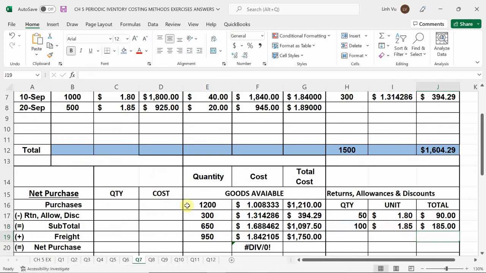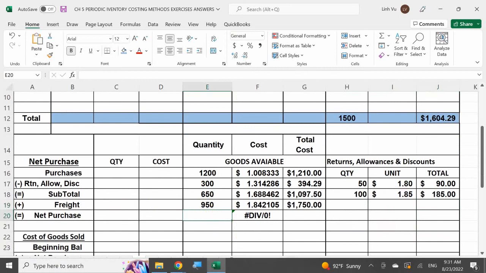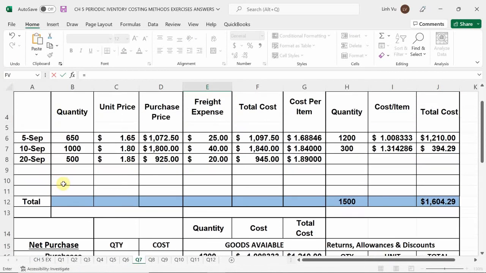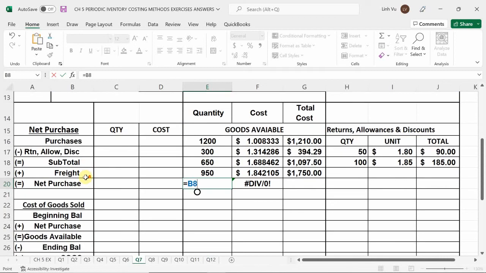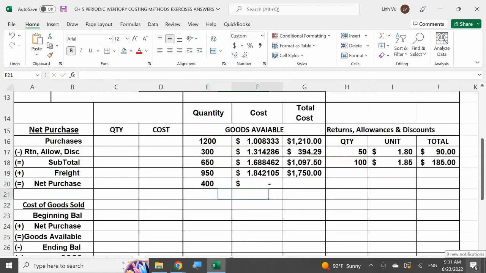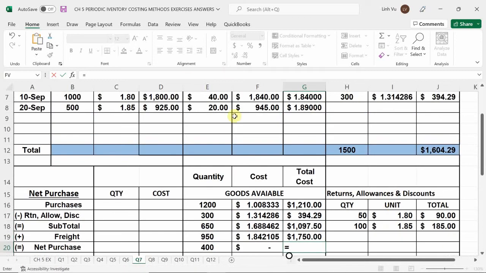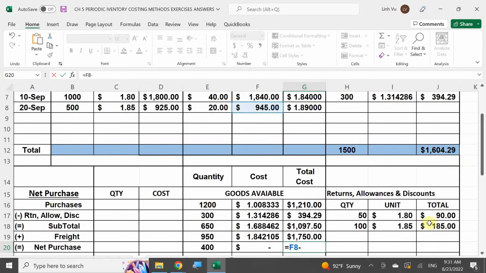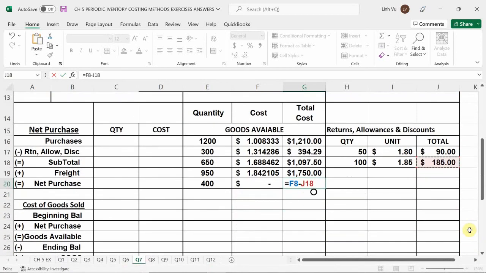So therefore, I need to adjust this inventory, right? Because I no longer purchased 500 units anymore. I end up refunding 100 of them. So I actually only purchased 400. And because I got a full refund on it, I no longer owe $945, right? Because I end up getting a $185 refund.